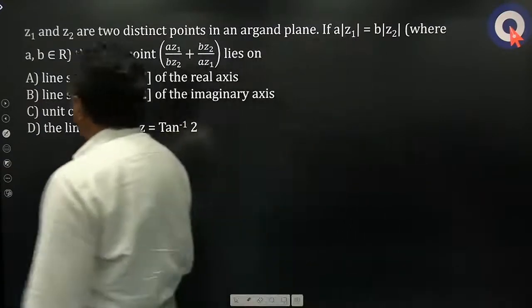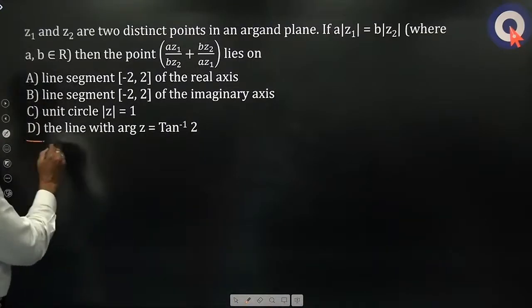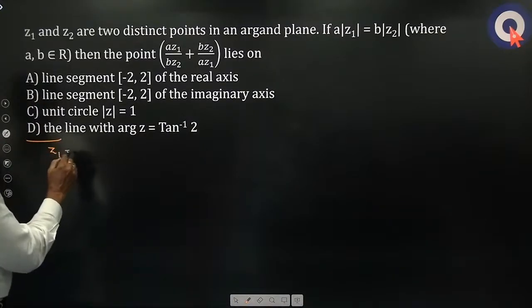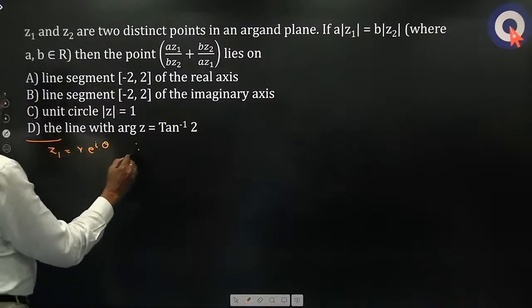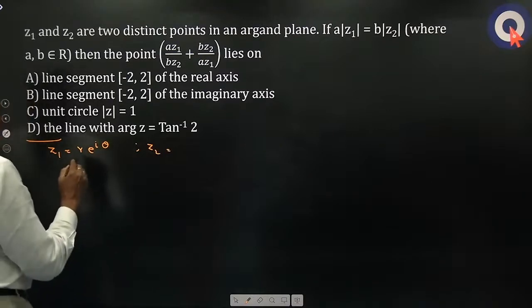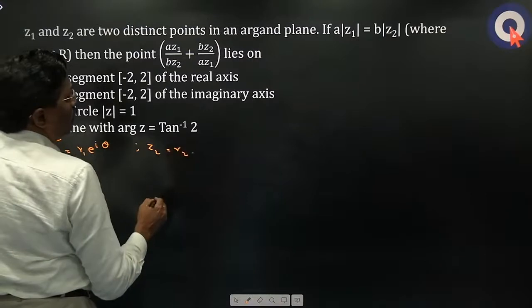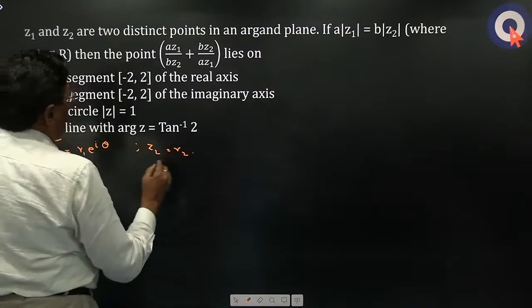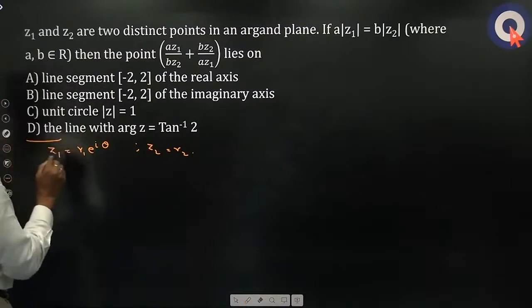Alright, so here I will consider Z1 is equal to R into e to the power of i theta, and I will consider Z2 is equal to, mod Z1 only I will write.